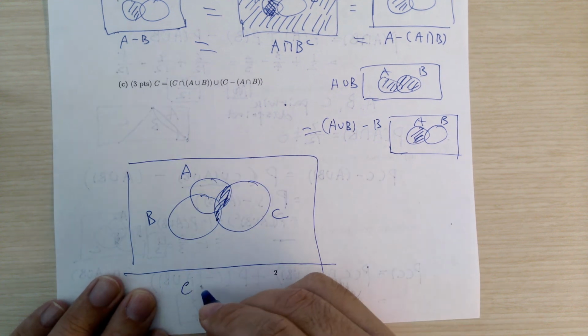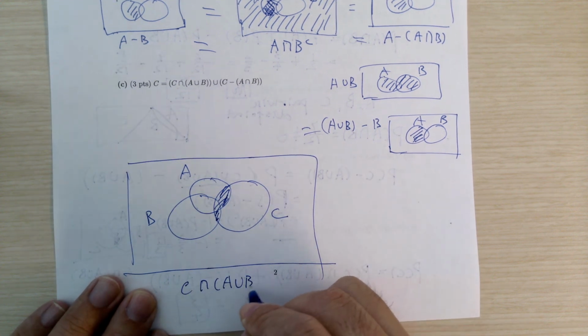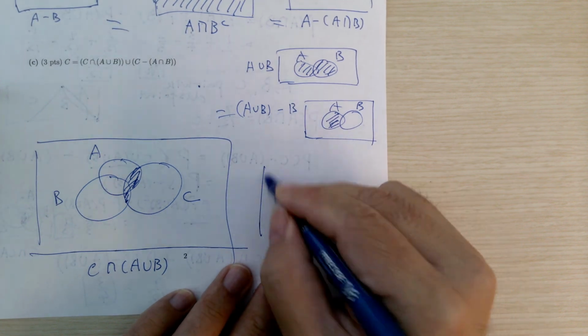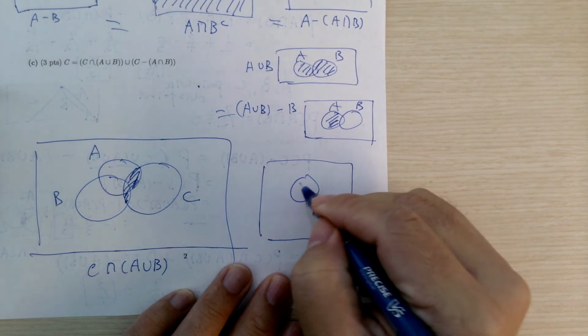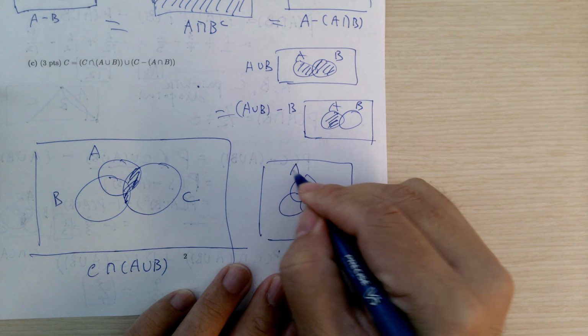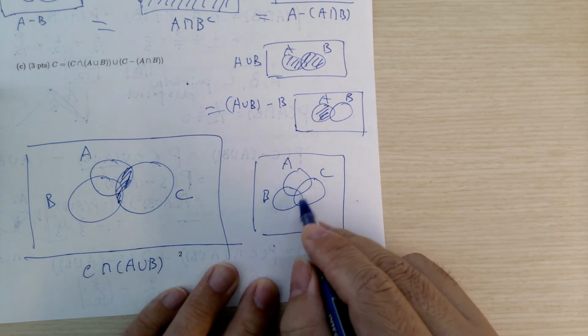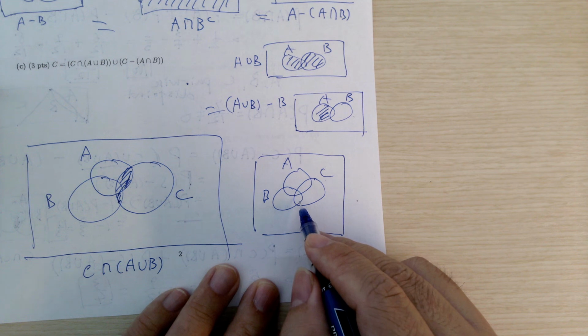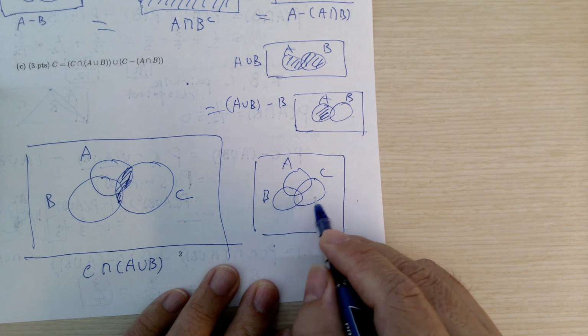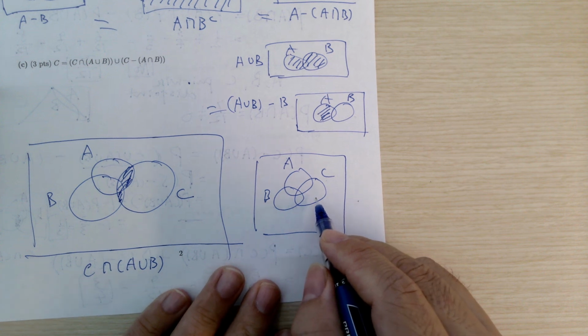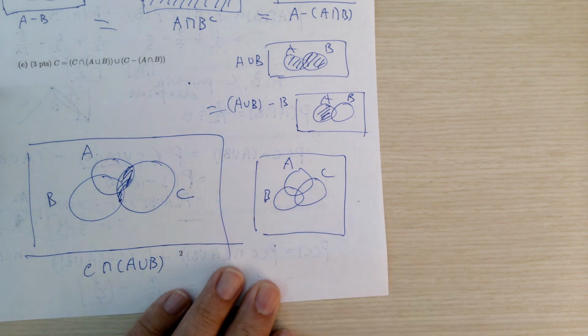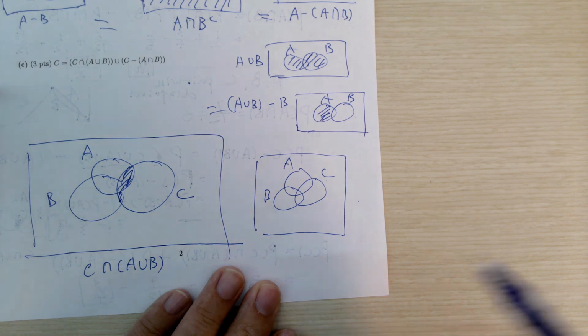So this is C intersect A union B. And then A, B, C here, C minus A.